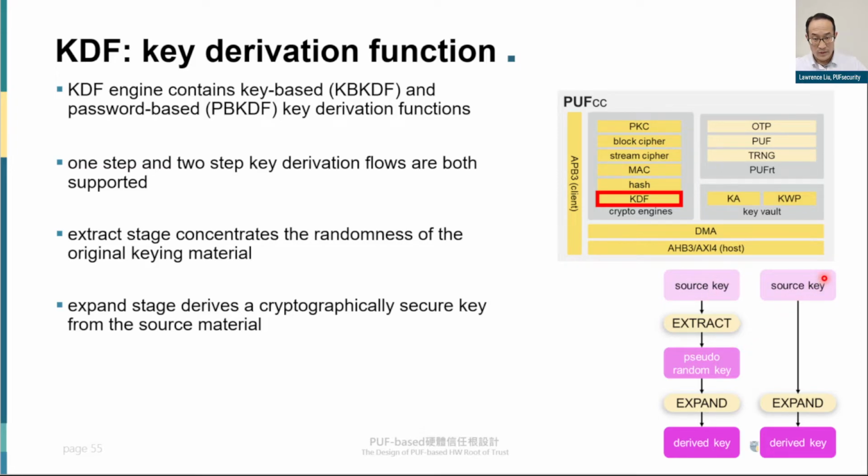If we have a key-based KDF, the one-step flow uses the source key and directly expands it into the derived key. But if the source keying material, the entropy, is deemed not sufficient, then we can go through an extraction step to get to an intermediate pseudo-random key, which then is used to expand into the derivation key.